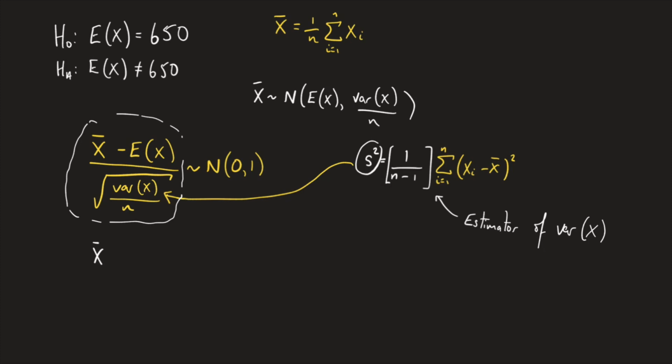So if we take x bar minus the expectation of x and divide through by the square root of s squared over n, that will follow a t distribution with n minus 1 degrees of freedom. So when we're trying to test a hypothesis, we're going to need to appeal to critical values from the t distribution.